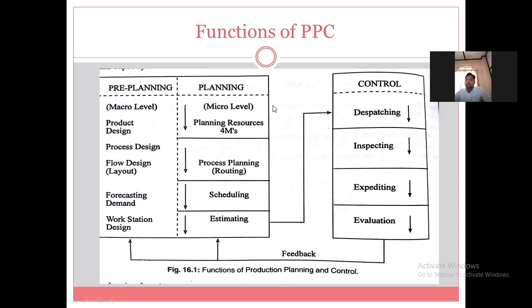Then decision related to the quantity, how much material you require, and when we should procure that material to keep the production or the flow lines uninterrupted. So at what time we require that material, accordingly you should plan for the procurement also. Procurement means what?